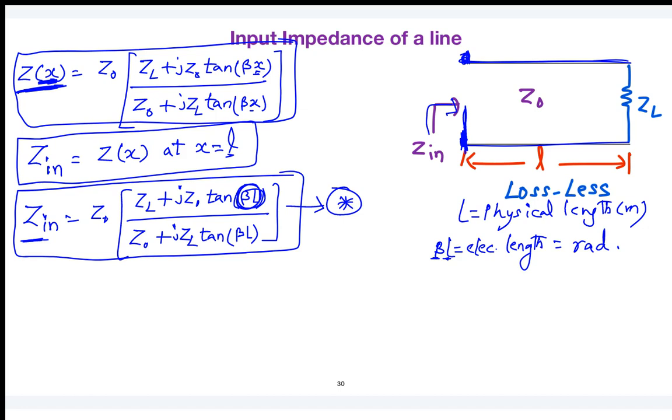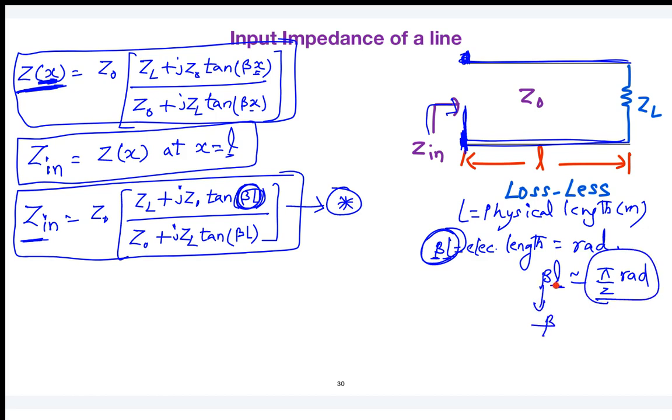Why this has a specific significance: suppose you purchase a coaxial cable and they give an electrical length of, let us say, pi by 2 radians. You can easily measure the physical length with a scale or a tape. And if the electrical length is given, you come to know the value of beta because your L value is known. Once you know beta, which can be written as 2 pi by lambda, you will be able to estimate the wavelength.